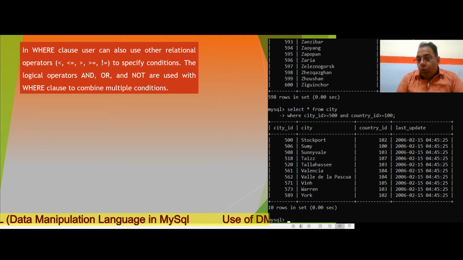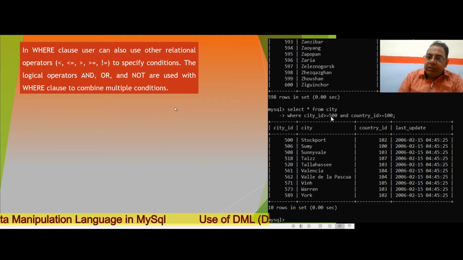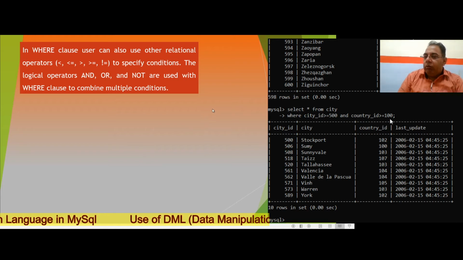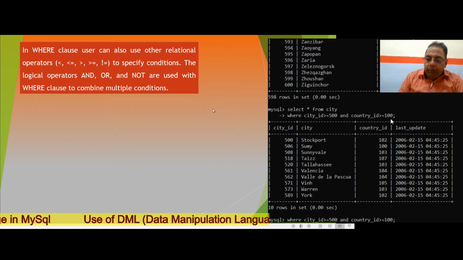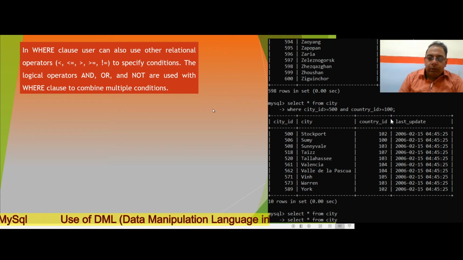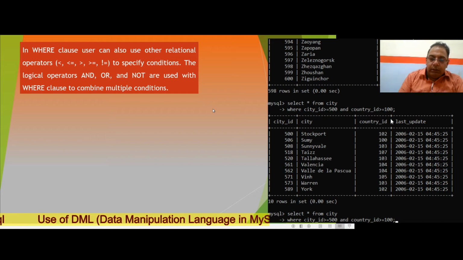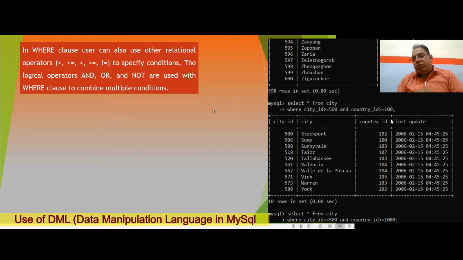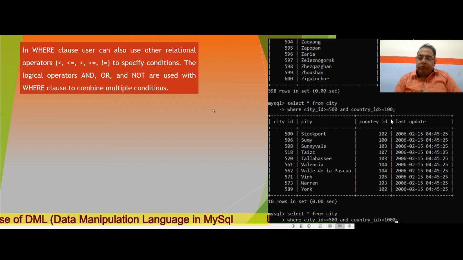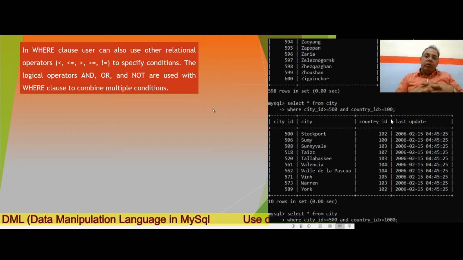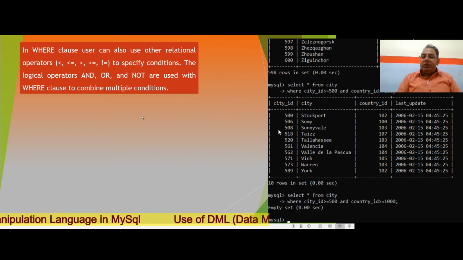It will display all the records where city id is greater than or equal to 500 and country id is greater than or equal to 1000. Suppose in the same query I change the value to country id greater than or equal to 1000, and we know that in the above list no id is there with value 1000, so it didn't display a null value, it means an empty set.